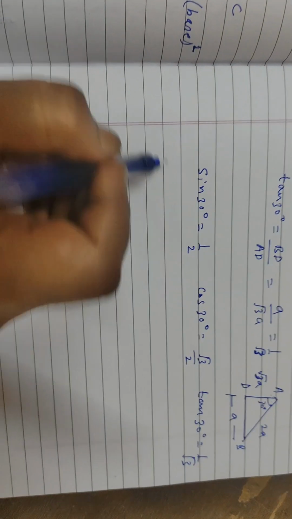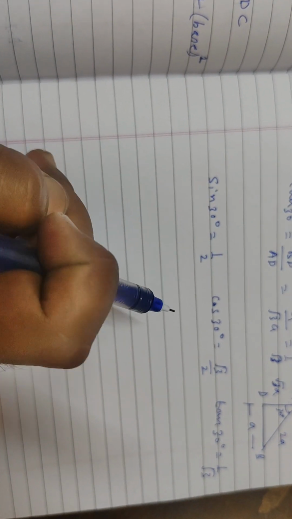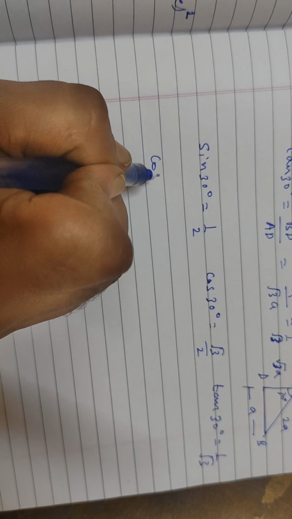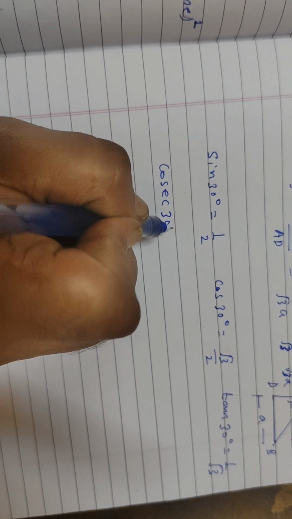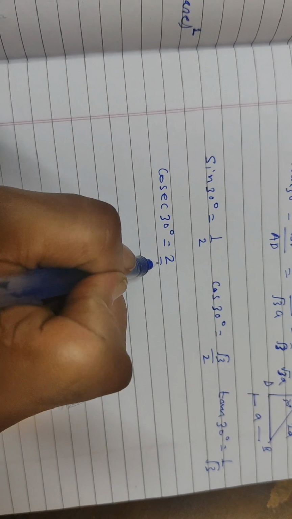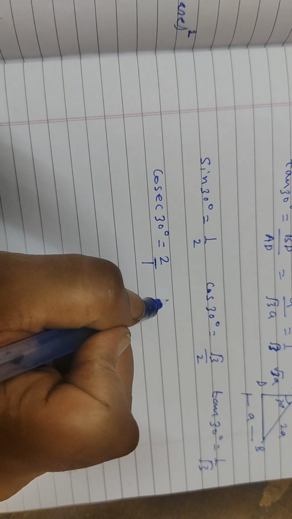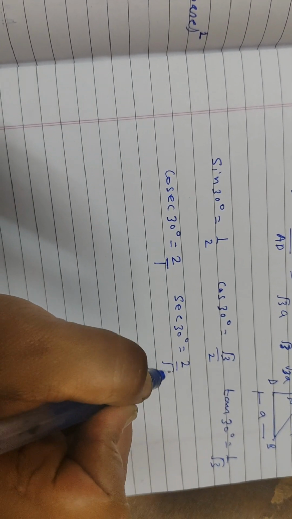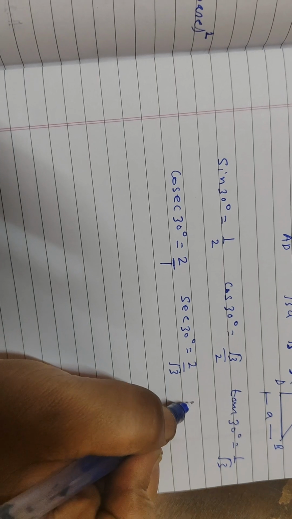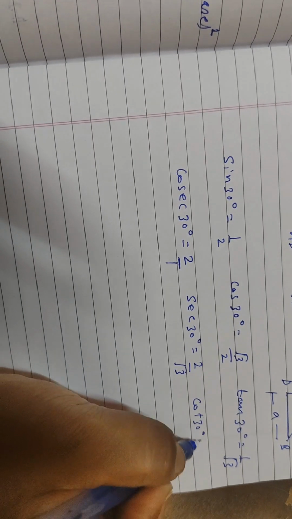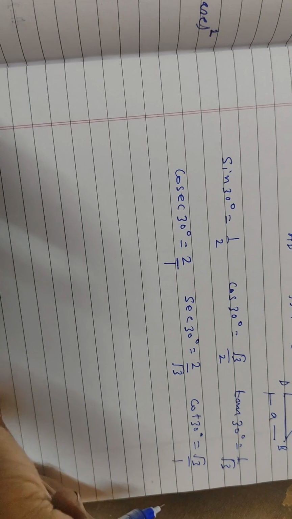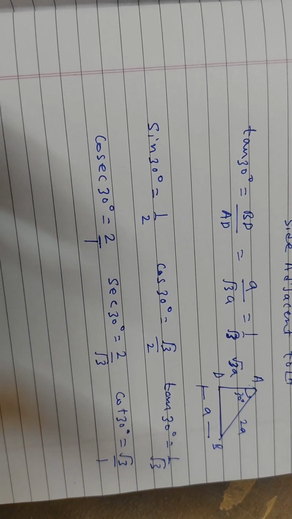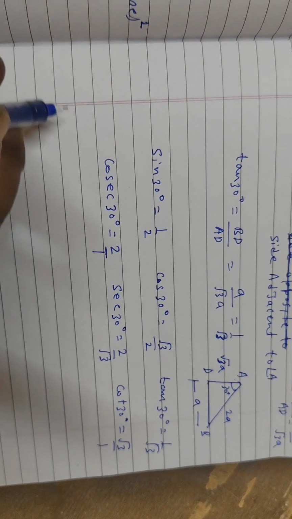Its opposites: cosec 30 is 2 by 1, sec 30 is 2 by root 3 and cot 30 is root 3 by 1. So we easily make it.